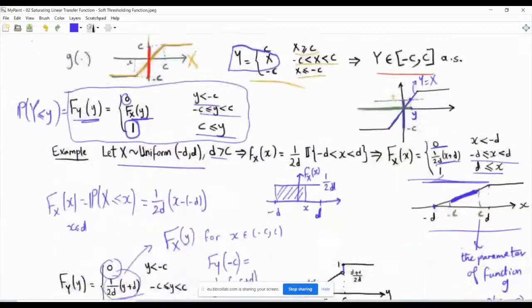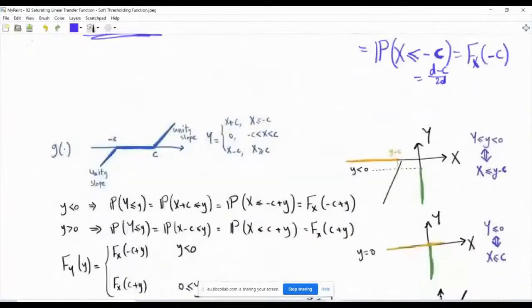Okay, so another function, a bit more complicated function between x and y. Some people call this the soft thresholding function. So here again, this is y, and this is x. Between minus c and c, if the value of x is between minus c and c, y is 0.